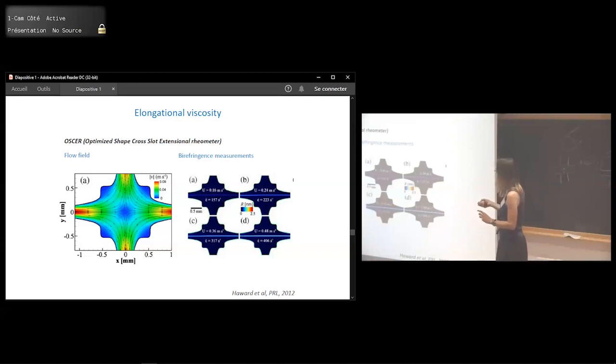And the other thing is that they use a method where you do not need to measure pressure difference. There's an effect called birefringence that maybe came up sometime during the summer school already: when you stretch your polymers, it leads to retardation in polarized light when it goes through your sample. So it's a way that you can optically observe your sample.